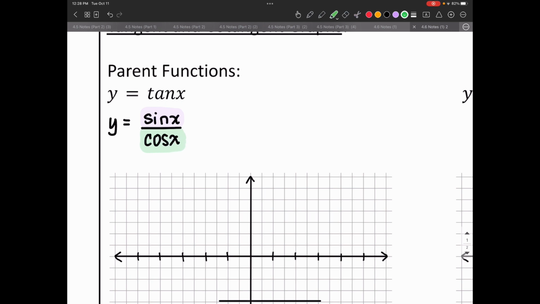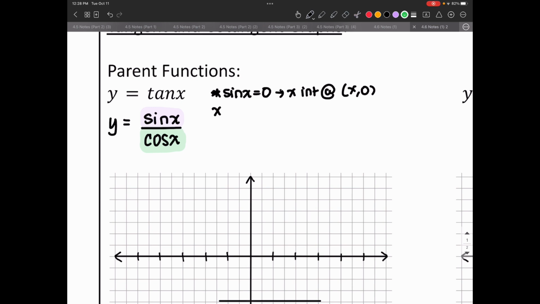So whatever x value makes the denominator equal to 0 is going to be a vertical asymptote. And those are two things that are important for me to know, the x-intercepts and the vertical asymptotes for a tangent graph. So I'll repeat that. When sine of x is equal to 0, I know that I have an x-intercept at x comma 0.